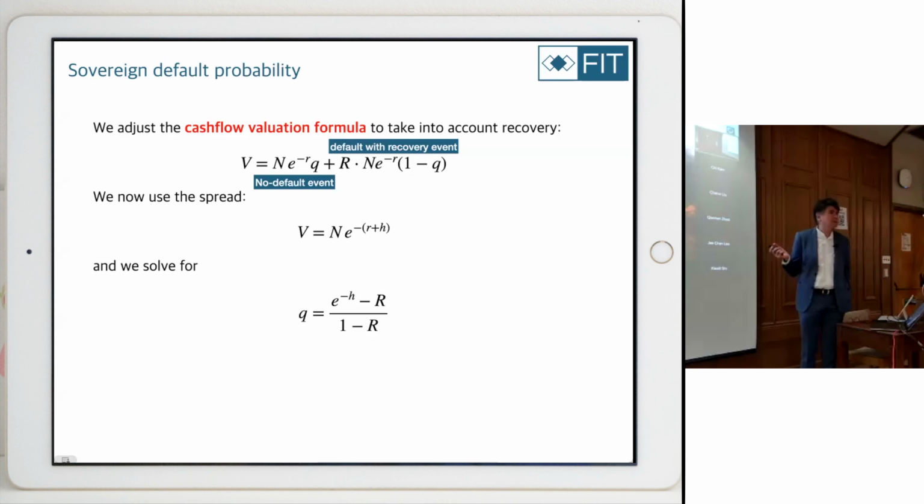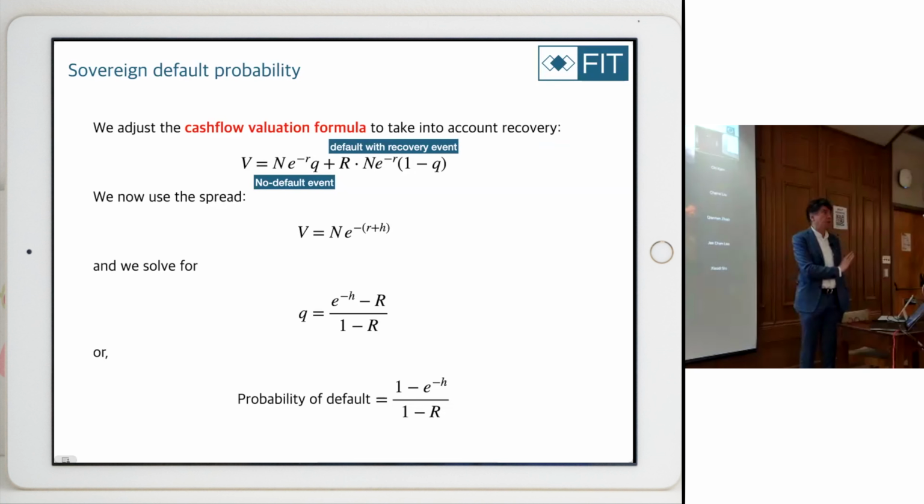This is algebra. This is high school math. That equals that, and then that's my Q. And by the way, I can get the probability of default to be exactly that. So observing the credit spread of a country, I can tell you how likely that country is to default.